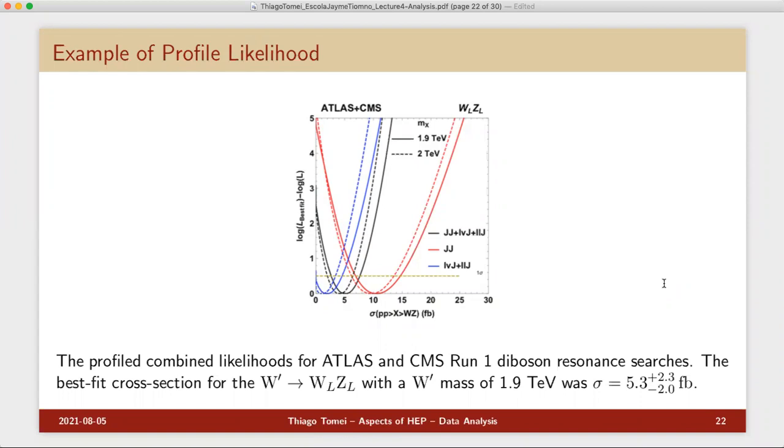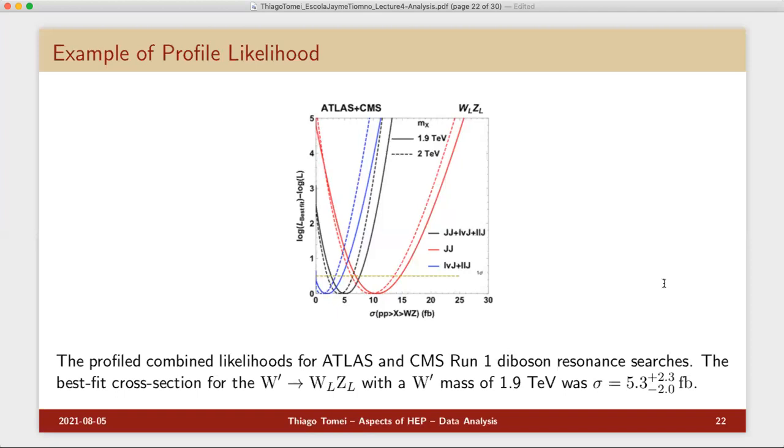And the observed cross-section depends on a lot of things. On the true cross-section, of course, which is what I'm interested in. But also on the luminosity, on the calibration of the detector, on everything, all these systematic effects. I don't care about these things.